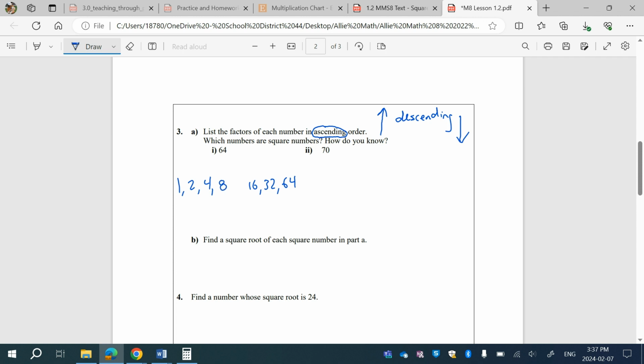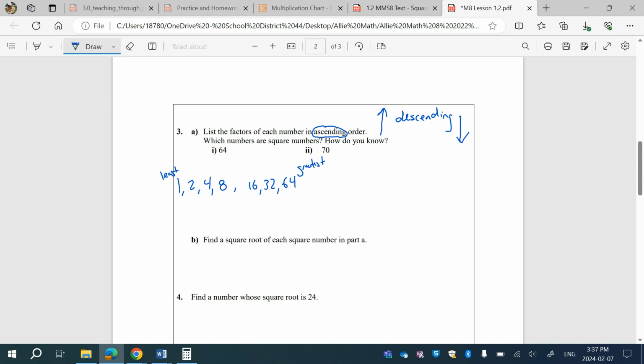Then 9, not 9. Not 10. Not 11. Not 12. So I think that's it. And we've already listed them in ascending order. So I've already gone, least over here to greatest over here.